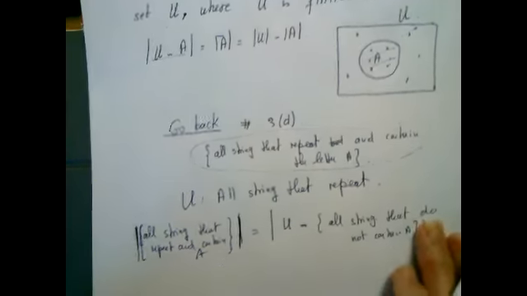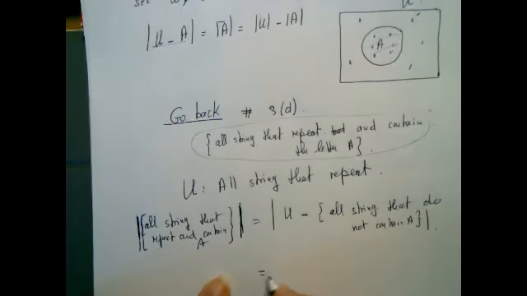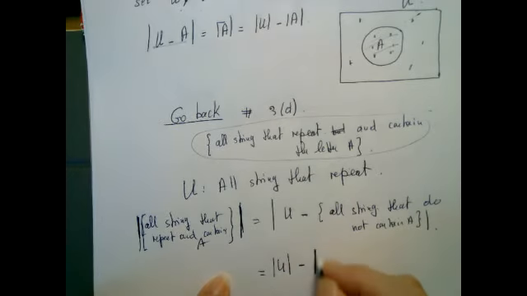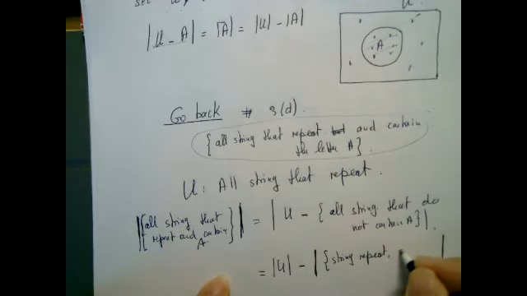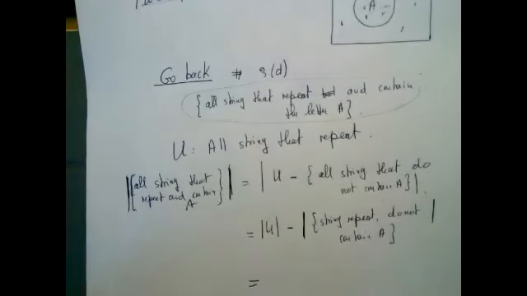So now the subtraction principle tells me to compute this, you take everything in U, the universe, and you take away the strings which repeat and do not contain A. So you take this set from it. And now, is it easy to do that?